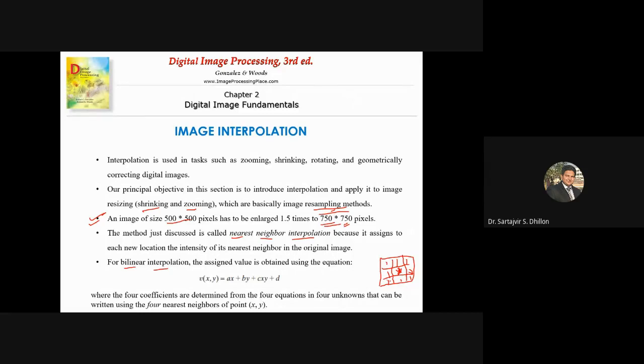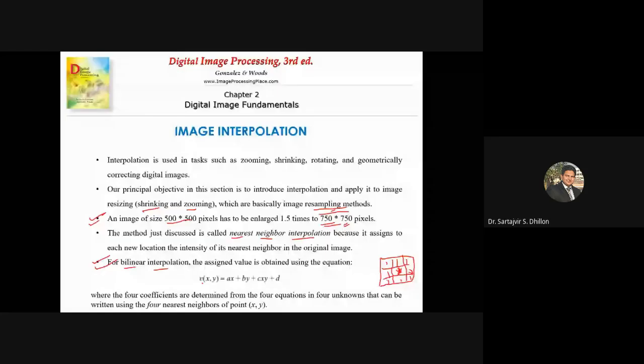Another one is bilinear interpolation. In bilinear interpolation, there are four coefficients which can be determined from four equations for the four unknown values, written using the four nearest neighbor points.